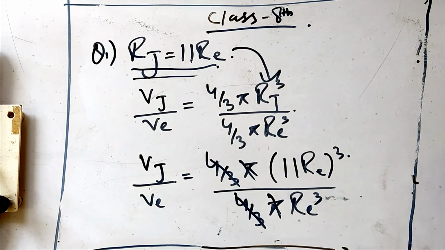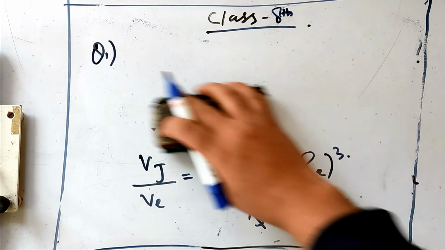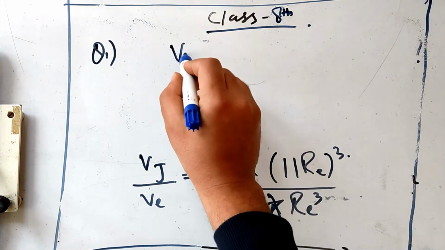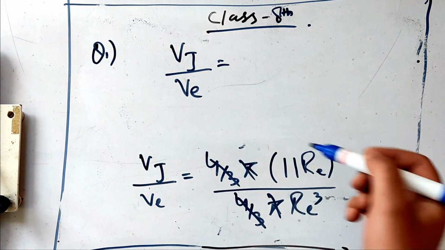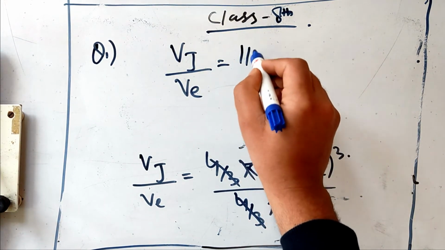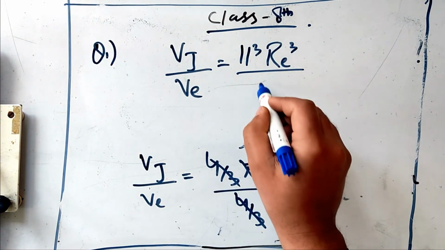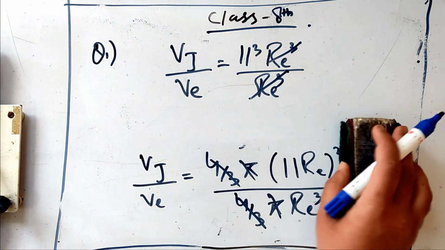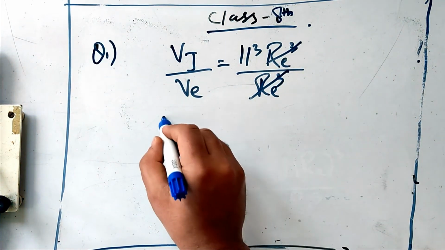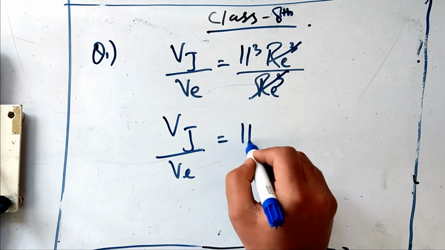What's remaining is volume of Jupiter divided by volume of Earth equal to 11 cube multiplied by radius of Earth cube divided by radius of Earth cube. Radius of Earth cube will cancel out, so the volume of Jupiter divided by volume of Earth is 11 cube.